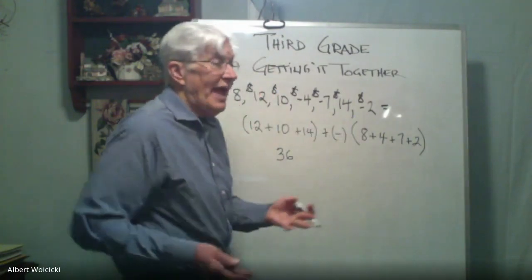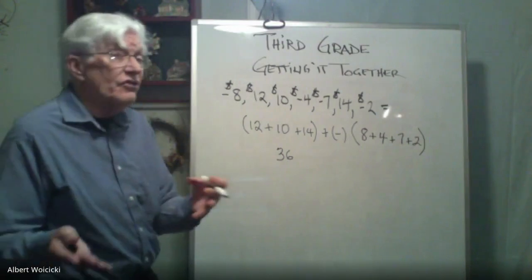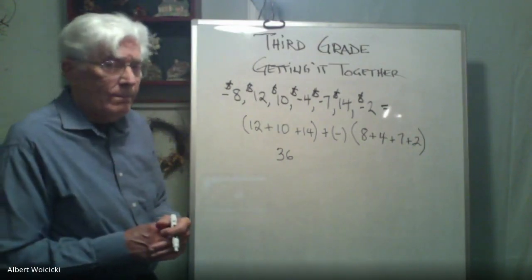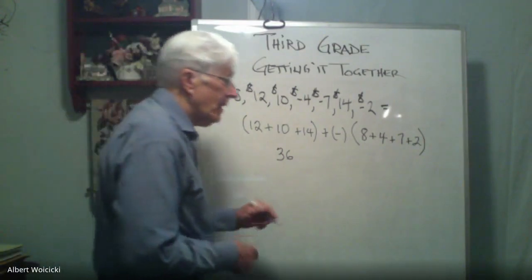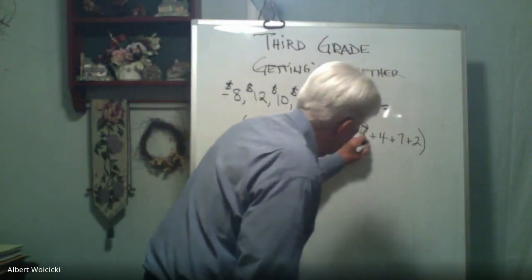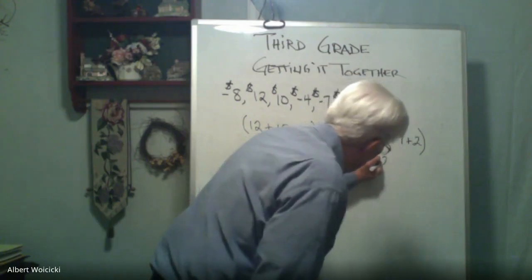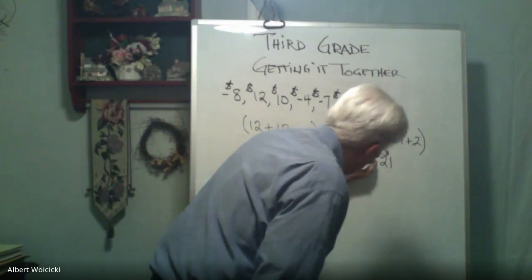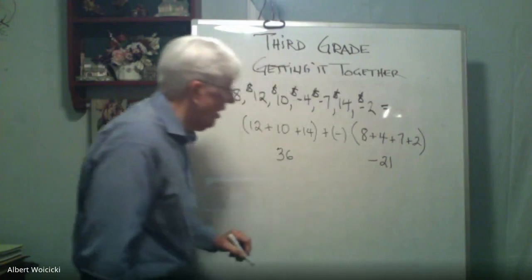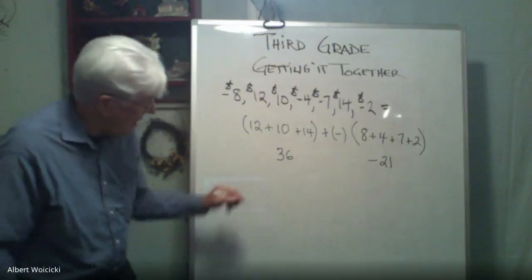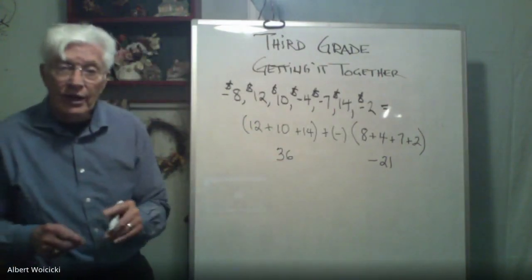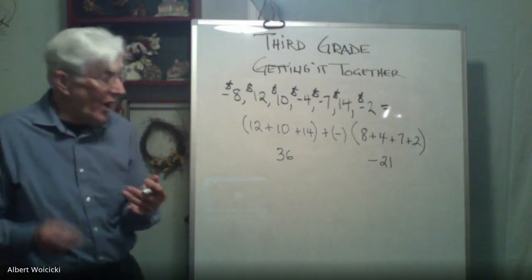And I just simply add them together because they're all going the same way. So I have 15 and 6 is 21. So that means I've got 21 that I'm losing, but 36 that I'm making in a positive way.